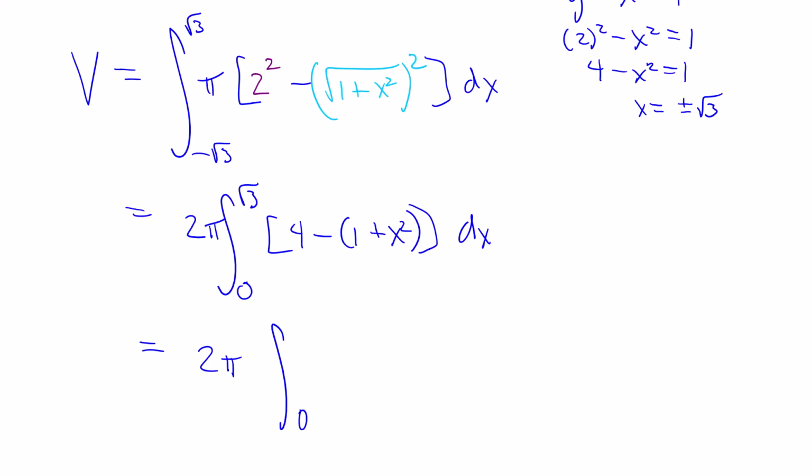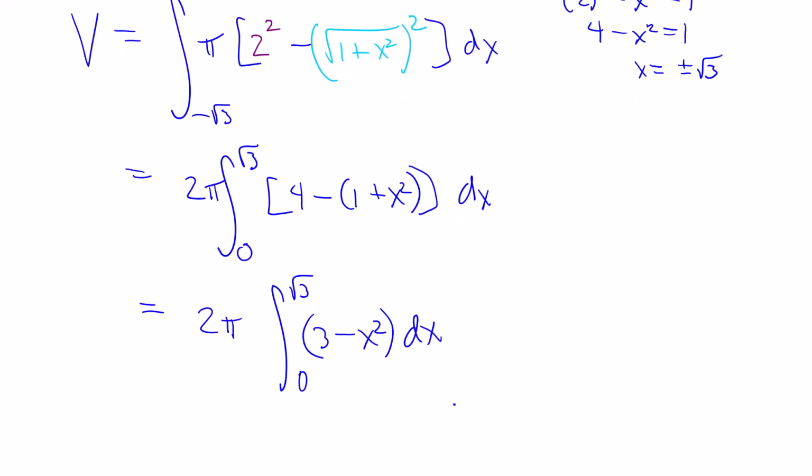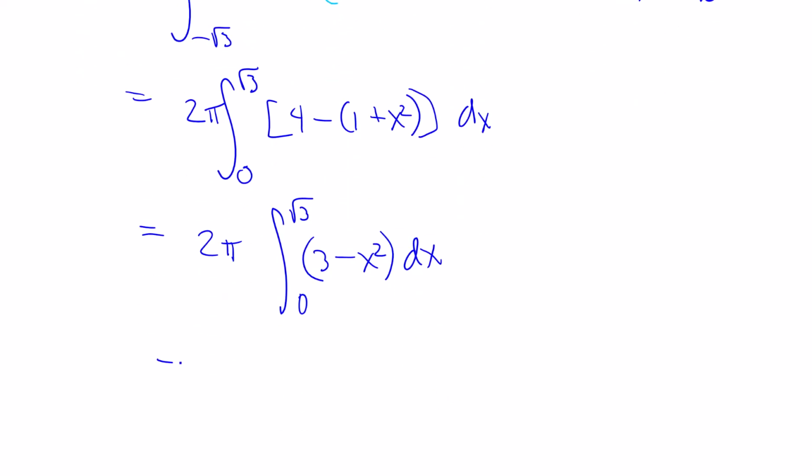So we're just looking at the integral from 0 to the square root of 3 of, it's really just 3 minus x squared, if you simplify everything in the middle, dx, and that's just something you can compute using the antiderivative, fundamental theorem of calculus. I believe the answer should be 4 square root of 3 pi. You can double check that by just running through it, but that should give you the volume of that solid.